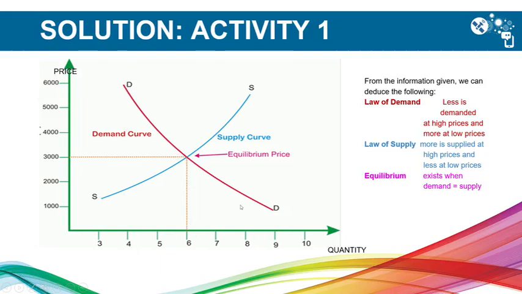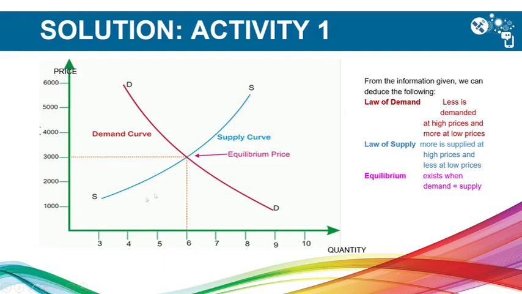So we see the demand has gone down from 9 units to 4 units as the price has increased. So what does this tell us? That less is demanded at high prices and more at low prices. And that's exactly what the law of demand says: more demanded at low prices and less at high prices.